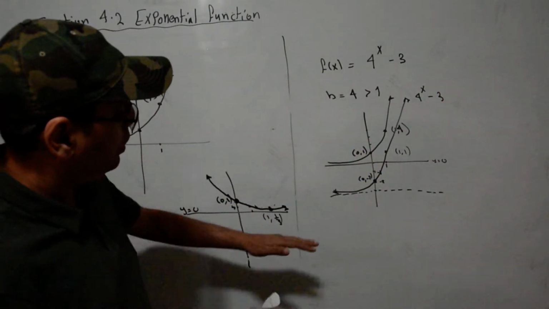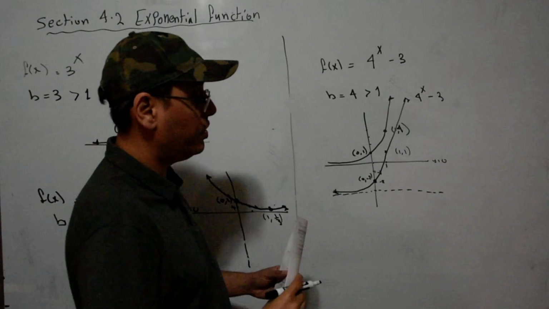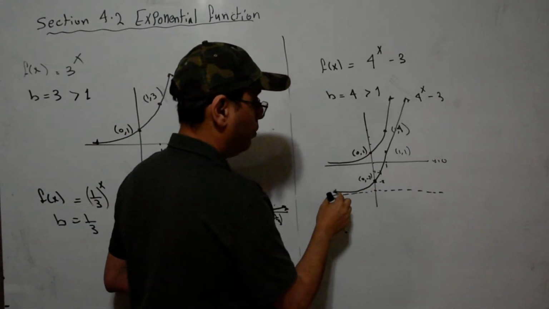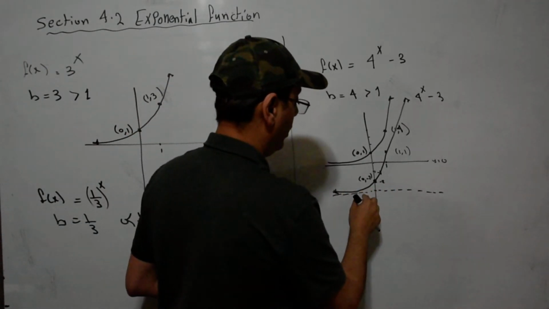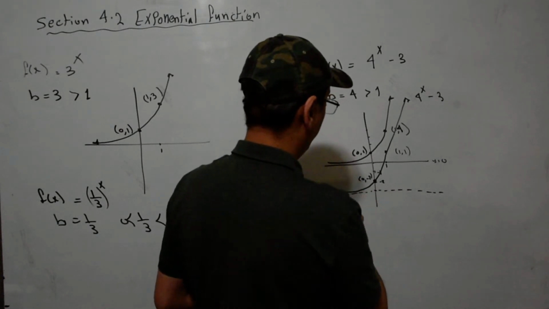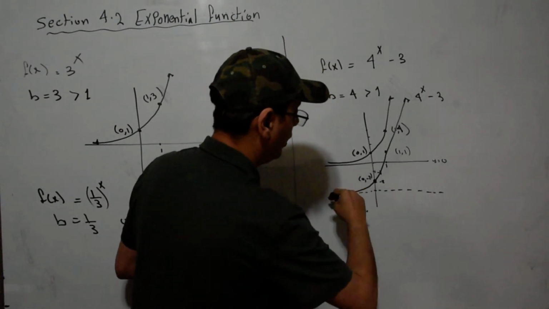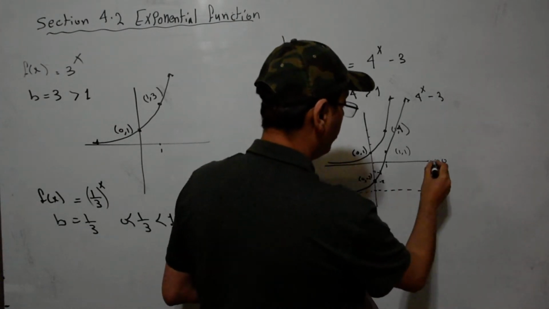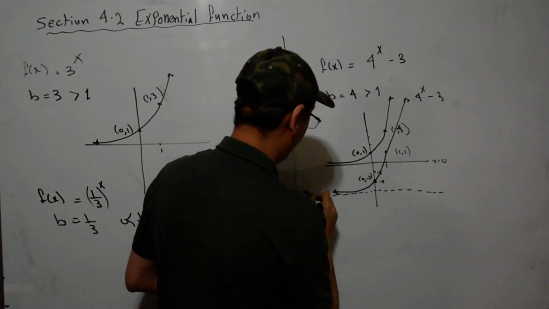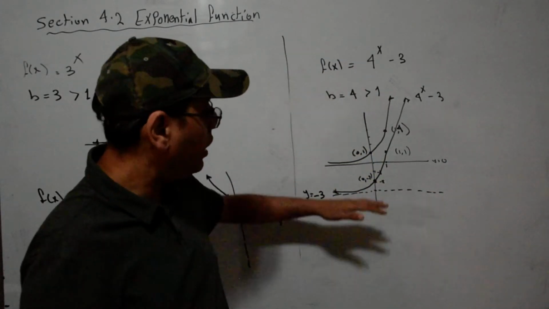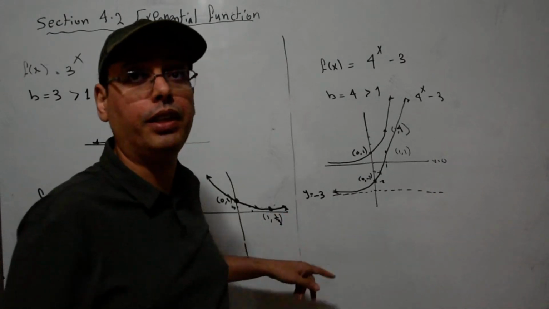Watch something here. The horizontal asymptote is different. So now, the end behavior of the function is close to, not y equals 0, but y equals negative 3, because I shifted the function down by negative 3.